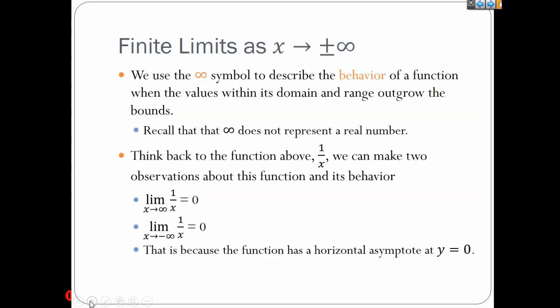Recall that infinity does not represent a real number. And if you think back to the example we just looked at, 1 over x, we can make two observations about this function now.